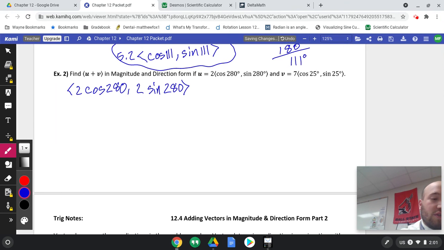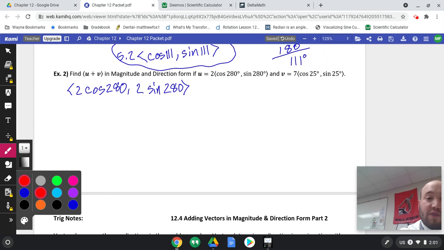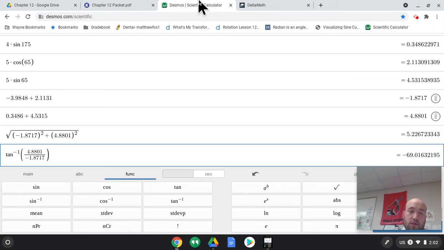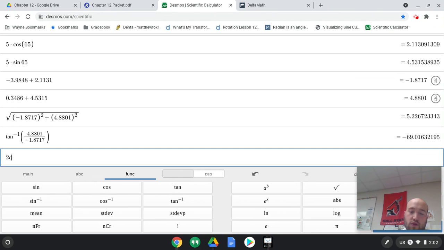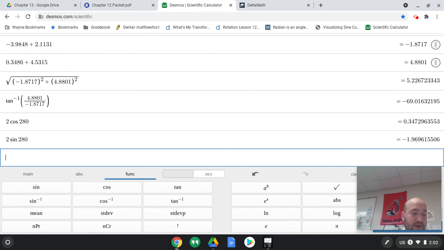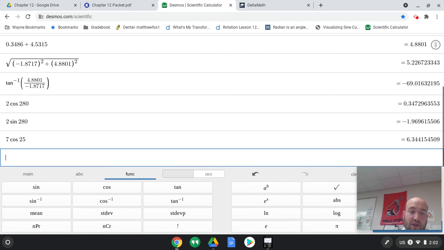Then we're also going to do, I'll do it in red for v. It's going to be 7 times cosine of 25, and then 7 times sine of 25. All right. So 2 cosine of 280, and 2 sine of 280. And then we also had 7 cosine of 25, 7 sine of 25.